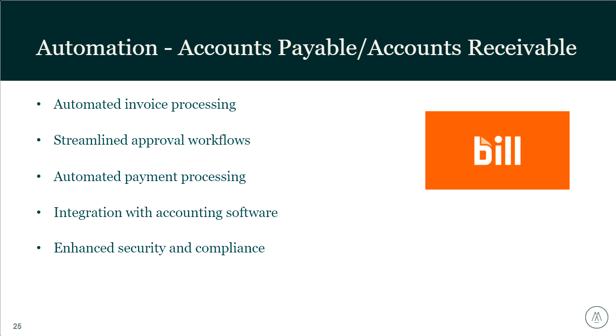Here's how Bill.com assists with your accounting: automated invoice processing, receipt capture, data entry reduction, streamlined approval workflows, customized approval process, notifications and reminders, automated payment processing, scheduled payments with multiple payment options, integration with accounting software, seamless data sync, real-time updates, enhanced security and compliance, secure transactions, audit trails. Bill.com helps businesses reduce manual work, minimize errors, and improve cash flow management.